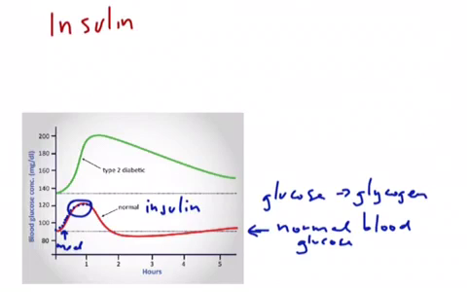And this causes the blood glucose level to drop. And it drops back to just below normal, and then it comes back up under the influence of another hormone to around about the normal blood glucose level. So in this way, insulin helps to control when you have too much glucose in the blood. There is another hormone that controls when you have too little glucose in the blood, but we won't worry about looking at that just now.